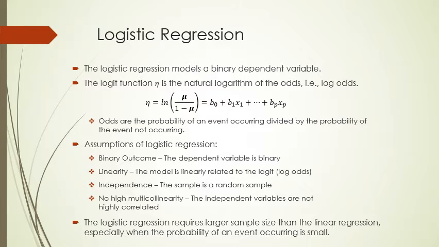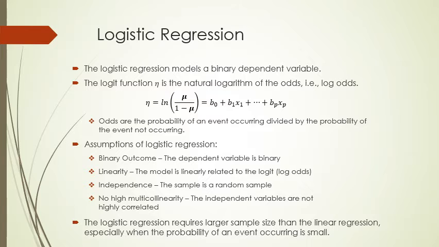The logistic regression also requires larger sample size than the linear regression, especially when the event probability is low. We need at least 10 observations per independent variable among all groups of the outcome.